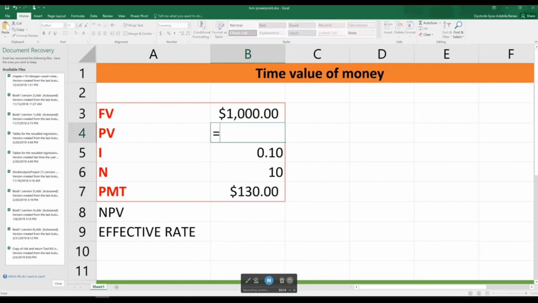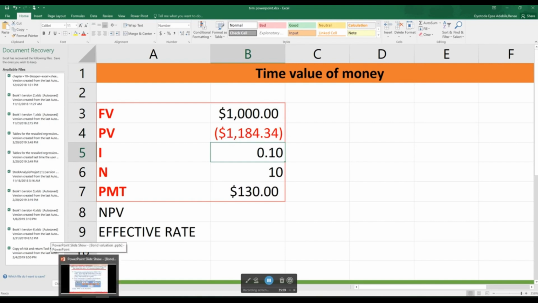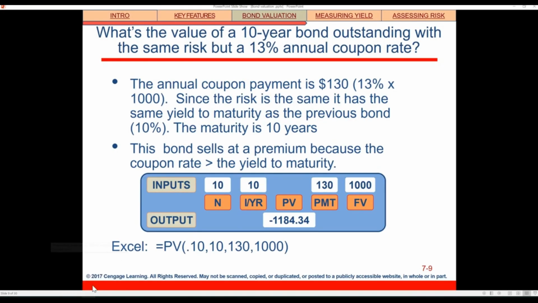So then you go equal present value, open the parentheses, select your rate, then your number of periods, then your payment, then your future value, then press 0, and you press enter. That will give you minus 1,184.34, which is the same amount that we found here.